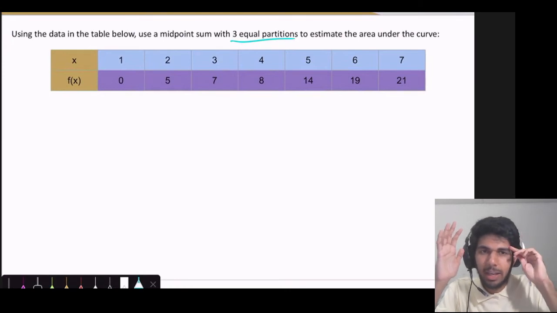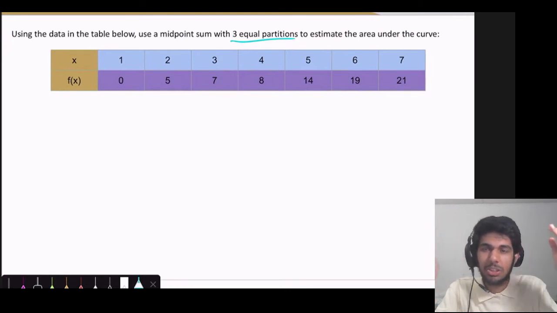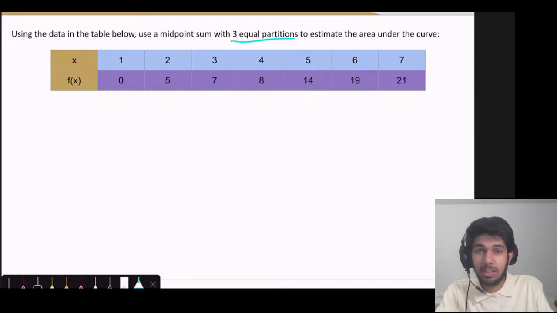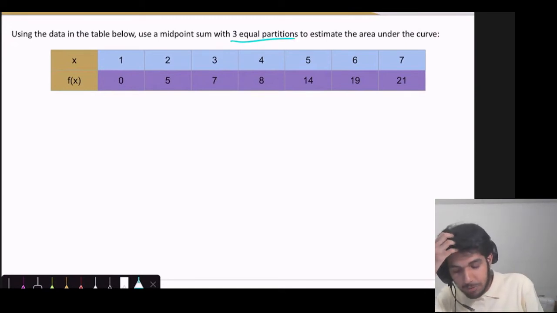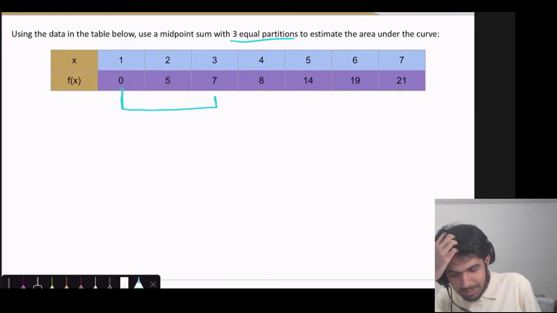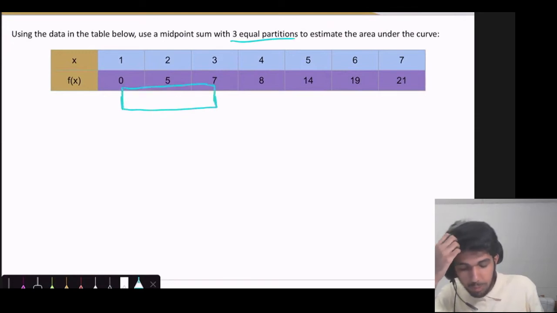And those will determine the bases of our rectangles, since we're using a midpoint sum. So the first rectangle can start at 1 and end at 3, right? You can imagine some sort of rectangle here that goes from 1 to 3. The second one can go from 3 to 5.